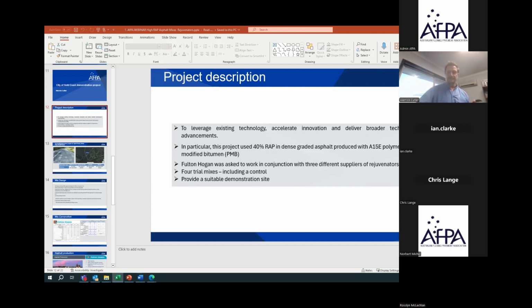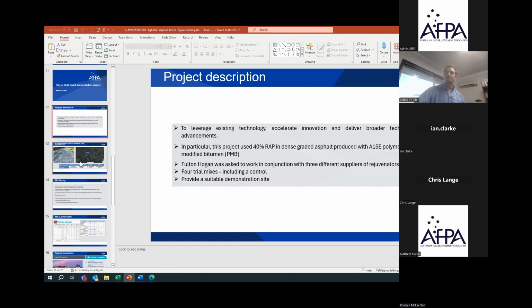Of the 3 types of rejuvenators, one was a pelletized form, which we fed into the dry mixing process through a standard fibre feed, and the other 2 were liquid. We'll get back into some of that a bit later. So there were slightly different production processes for the different rejuvenators.